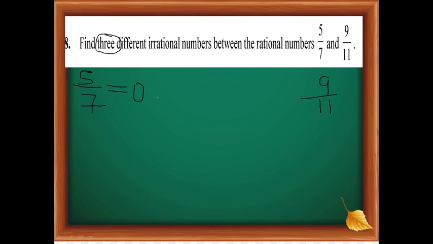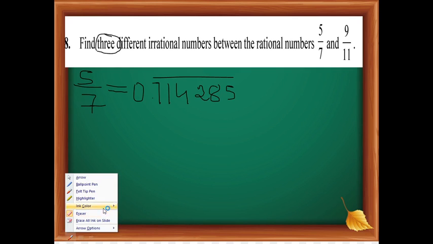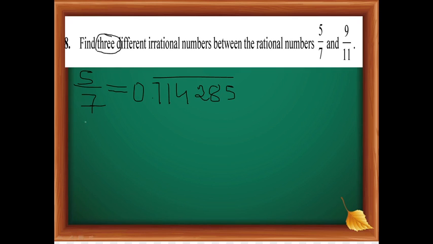That is 0.714285 bar, the decimal expansion of 5 by 7. Let me erase all this and write this below here. Then the decimal expansion of 9 by 11.